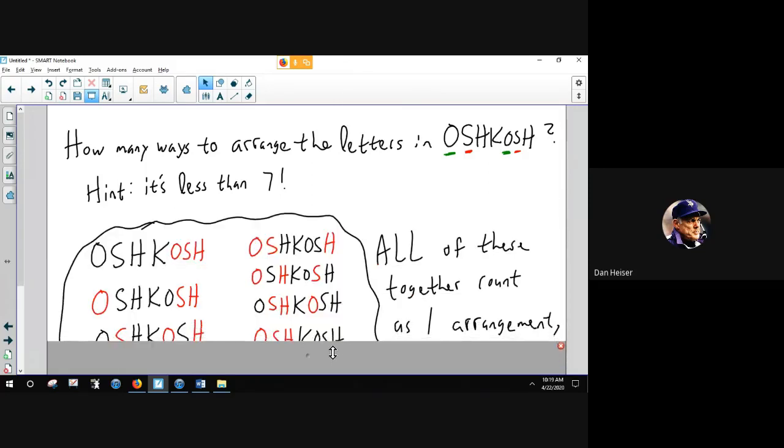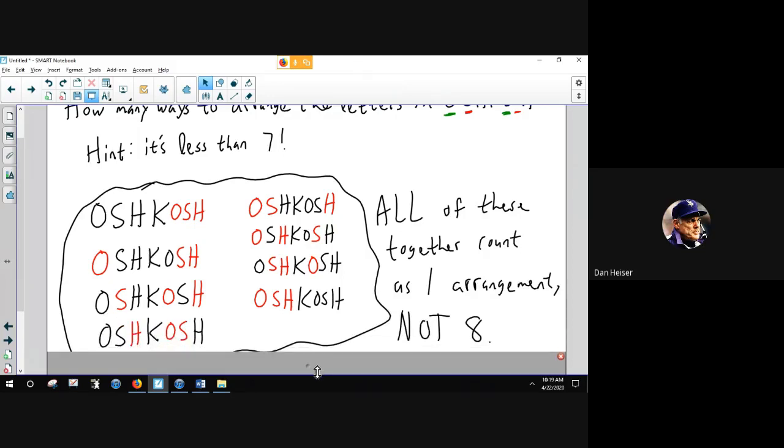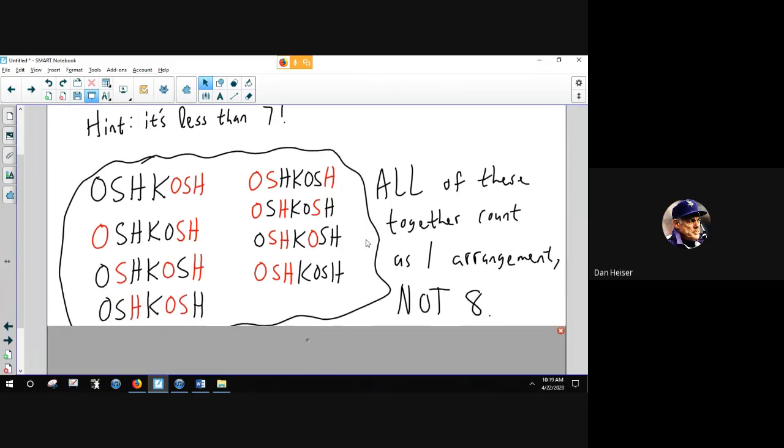In fact, all of these count as one order, not 8 separate orders, because all I have done is switch the letters that repeat.